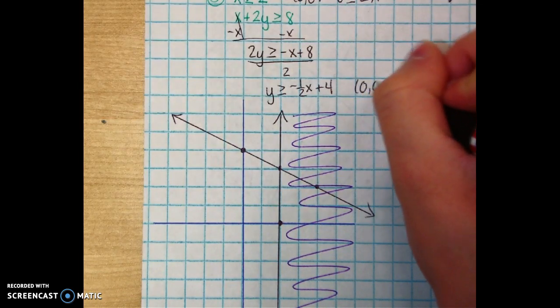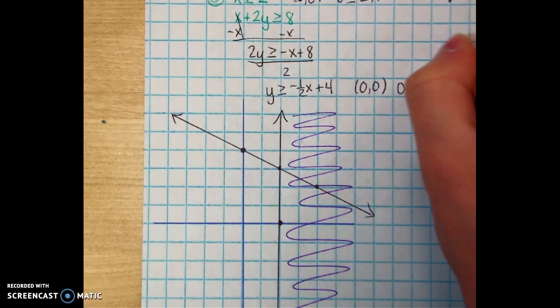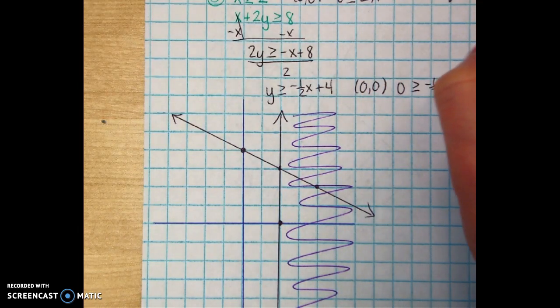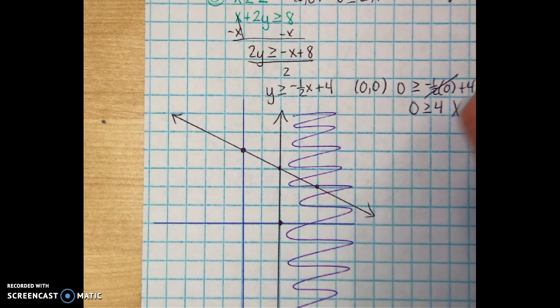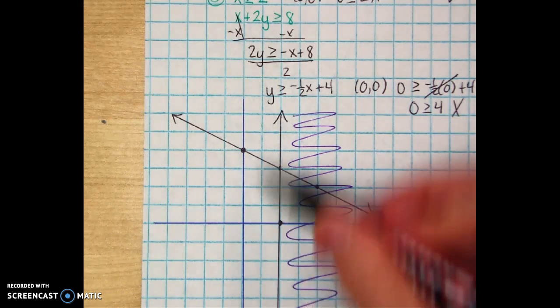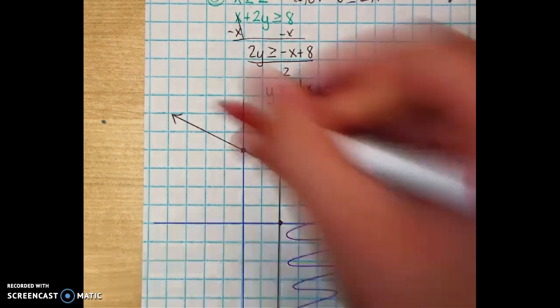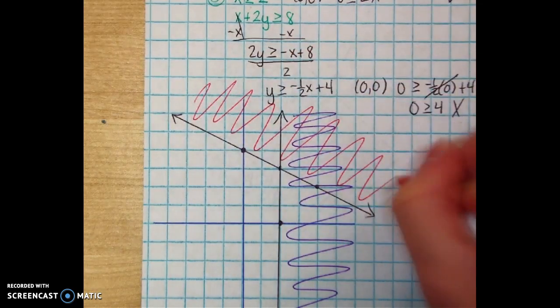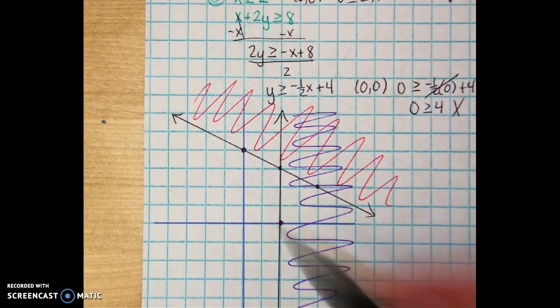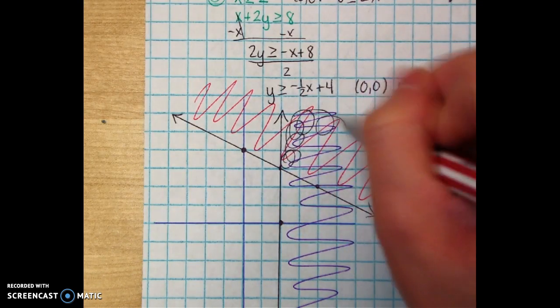So 0, 0 would be 0 is greater than or equal to negative 1/2 times 0 plus 4. Is 0 greater than or equal to 4? No, so I don't shade 0, 0, I shade above the line. And the colors overlap, so over here would be the solution.